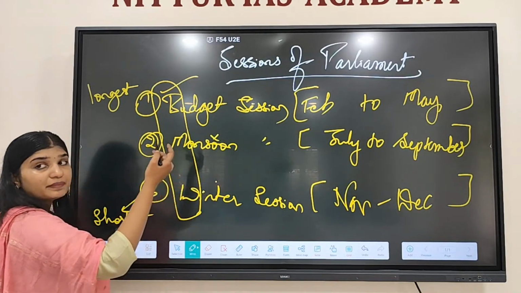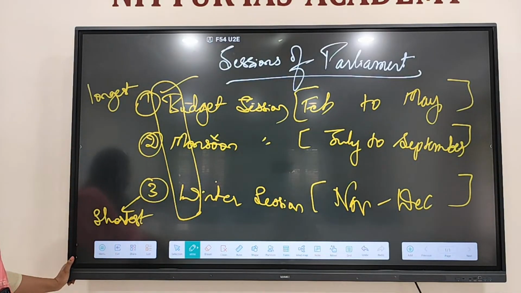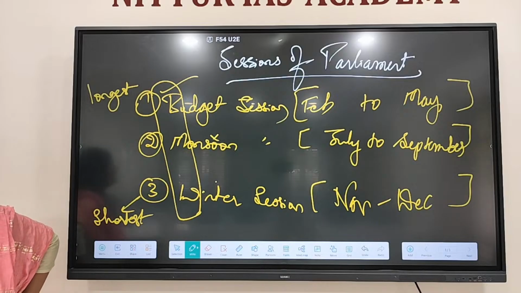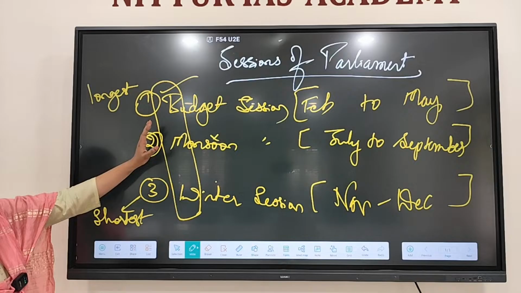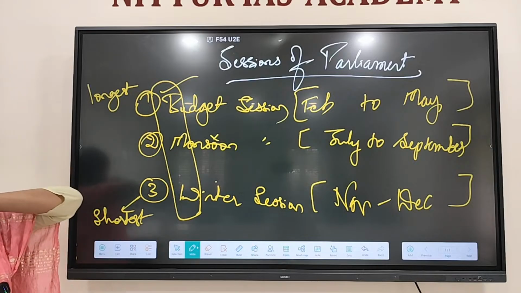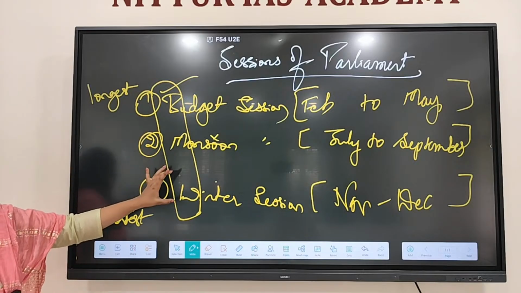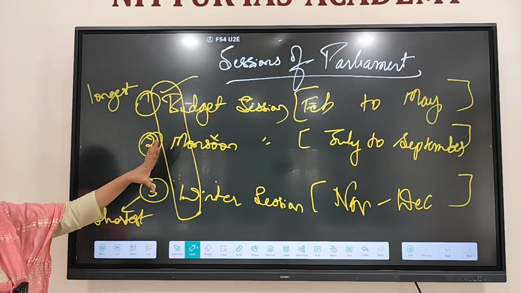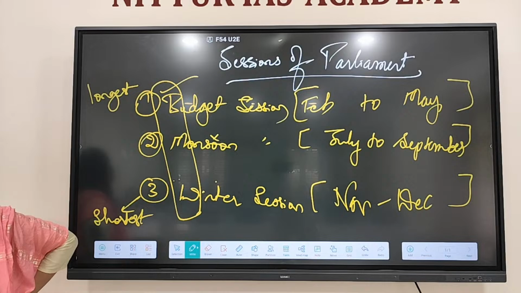Usually there are 3 sessions, and a maximum of 3 sessions can be conducted. In other cases, parliament should conduct at least 2 sessions. These 2 sessions must happen: one is the budget session, or else winter or monsoon. The maximum gap should not be more than 6 months.